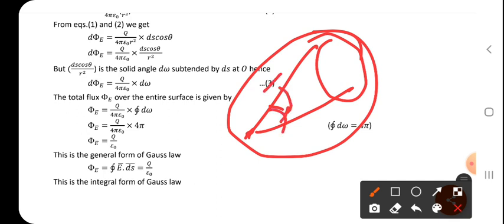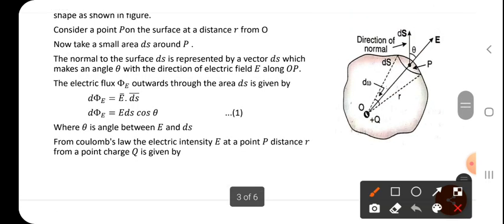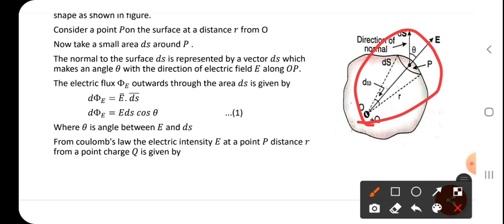That angle is called the solid angle, denoted by d omega.